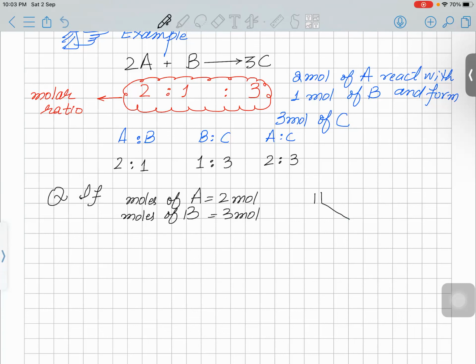Let's suppose this is a conical flask. In the conical flask, you have A and B. B is 3 moles, A is 2 moles. Now, can anyone tell me how many moles of C are formed? Sir, 5. Wrong answer.